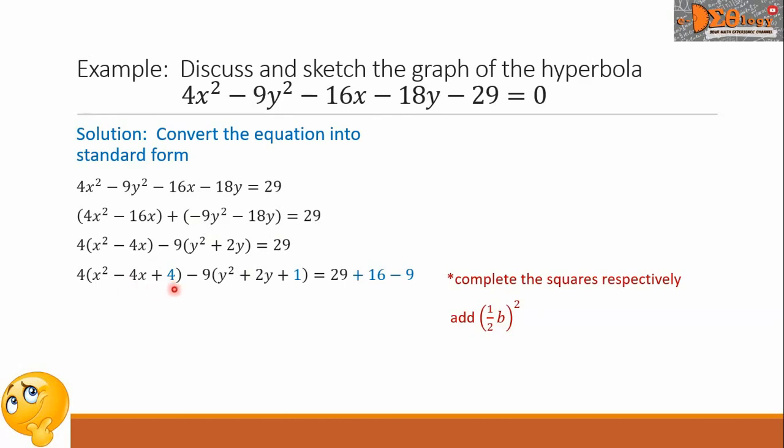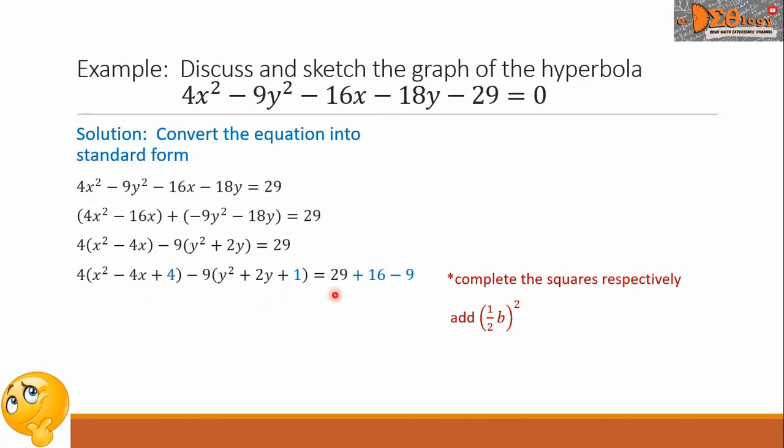So the number 4 comes when we take half of −4, it becomes −2, and the square of that is +4. While the number 1 here comes from the coefficient of y, which is 2, we take half of that, it becomes 1, and when we square it, the number 1 is the result.